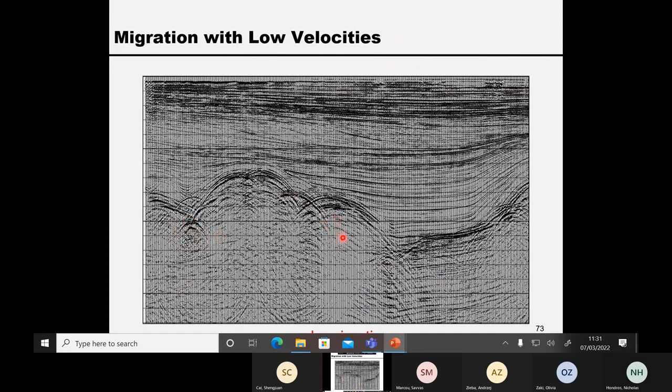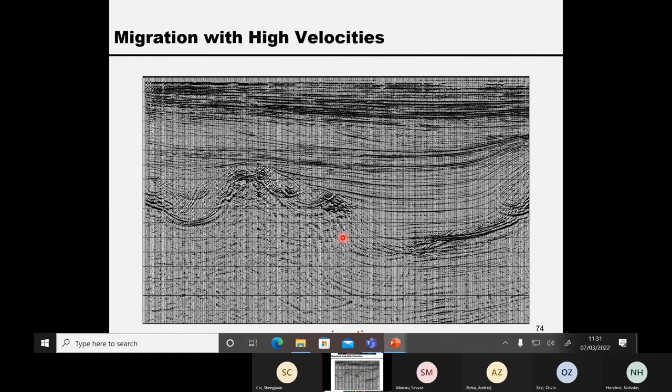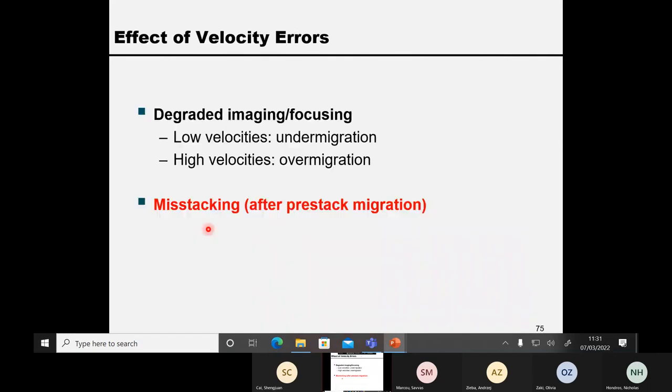If a high velocity, it is under migrated, and that's also not right. So that's the velocity influence. The effect of velocity errors is either a degraded image or degraded focusing, so the focus is not so good. Too low will be over migrated. Too high will be under migrated.